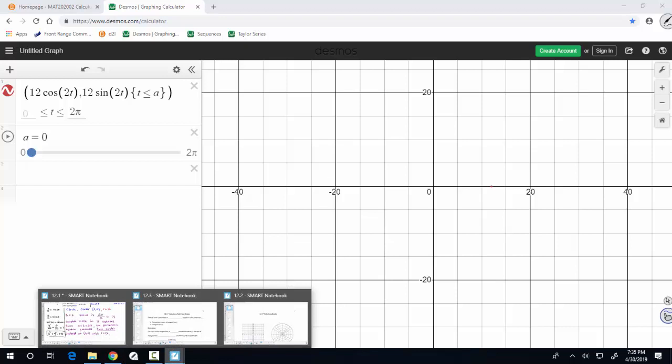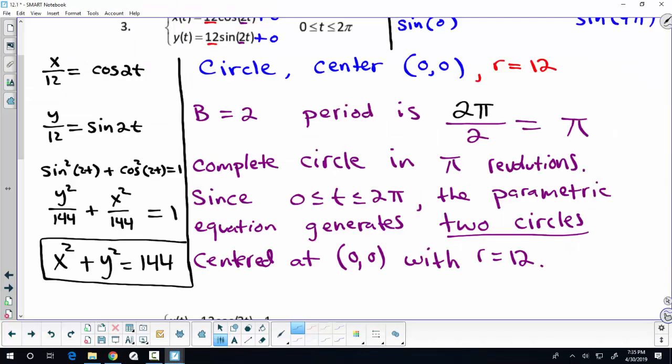So what is the positive orientation for this circle? Yeah, how do we know it's counterclockwise?